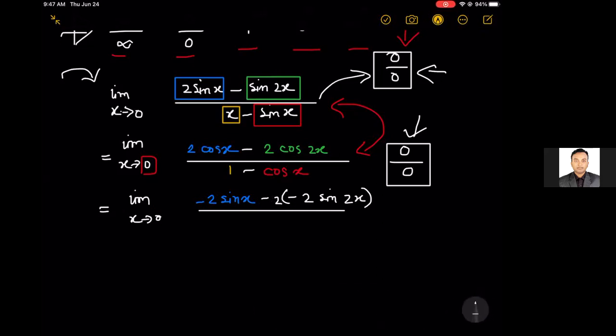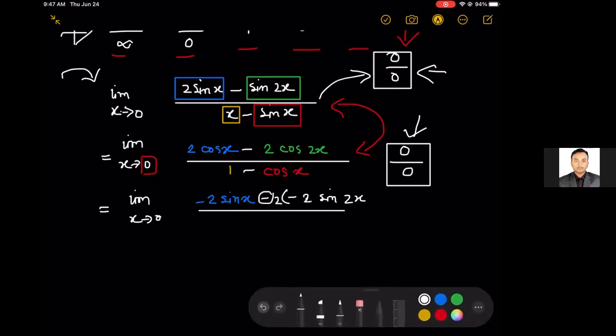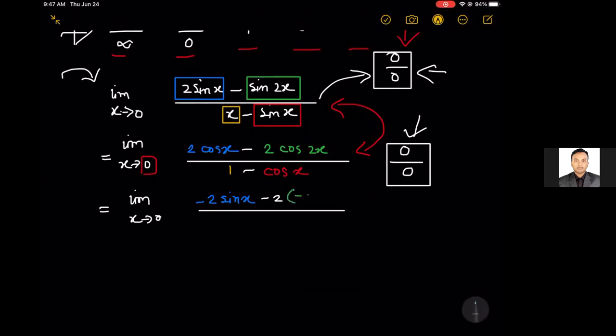Any question from the derivative part? Sorry about that. I should use the same color so that you can locate the changes. Okay, so this is the derivative of cosine 2x. Just follow the same color.